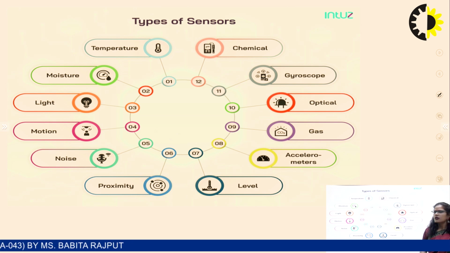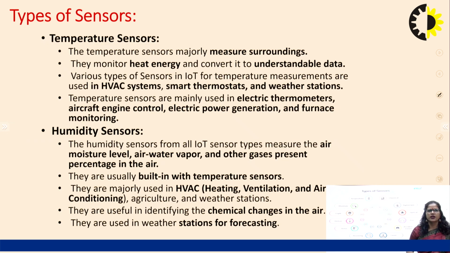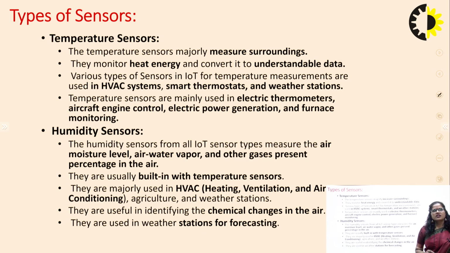This is a set of specific types of sensors, not all, but some that we will explore here. So the temperature sensor works for measuring the surroundings, and it monitors the heat energy and converts it to understandable data. There are various types of HVAC systems, heat, ventilation, air conditioning systems, and smart thermostat systems, and weather stations where we use the temperature sensor.